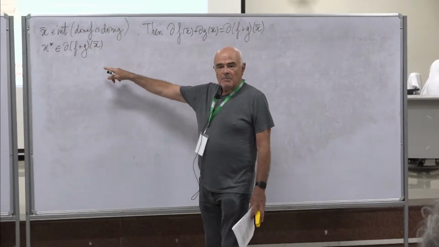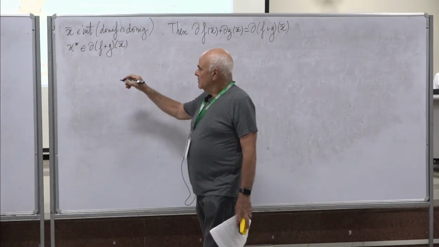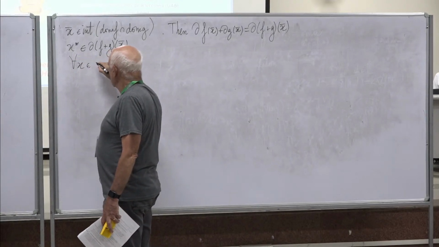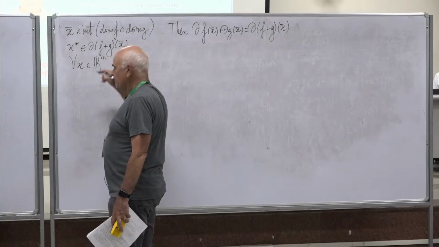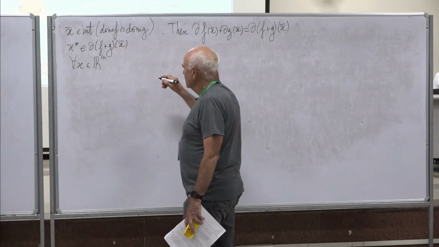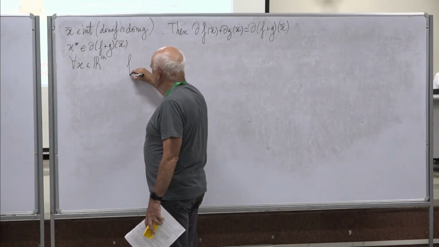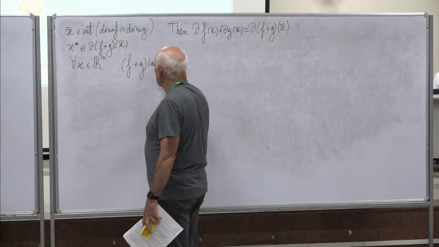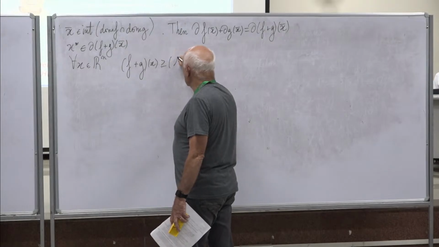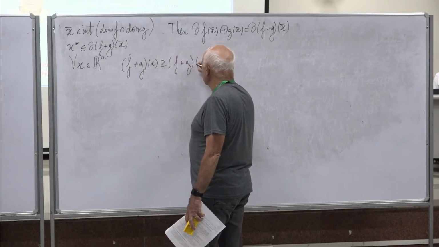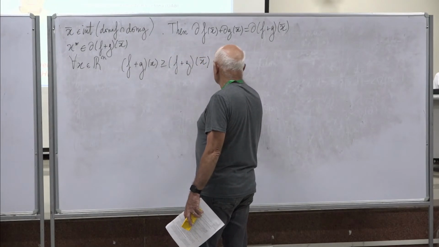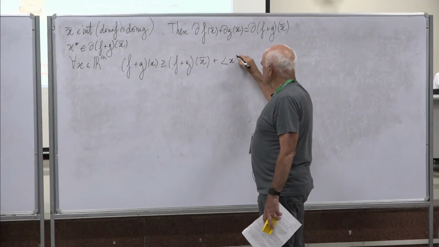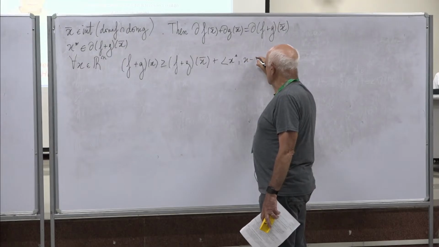Let us write the subgradient inequality. For every x in the space, (f plus g)(x) is greater than or equal to (f plus g)(x bar) plus x star (x minus x bar).